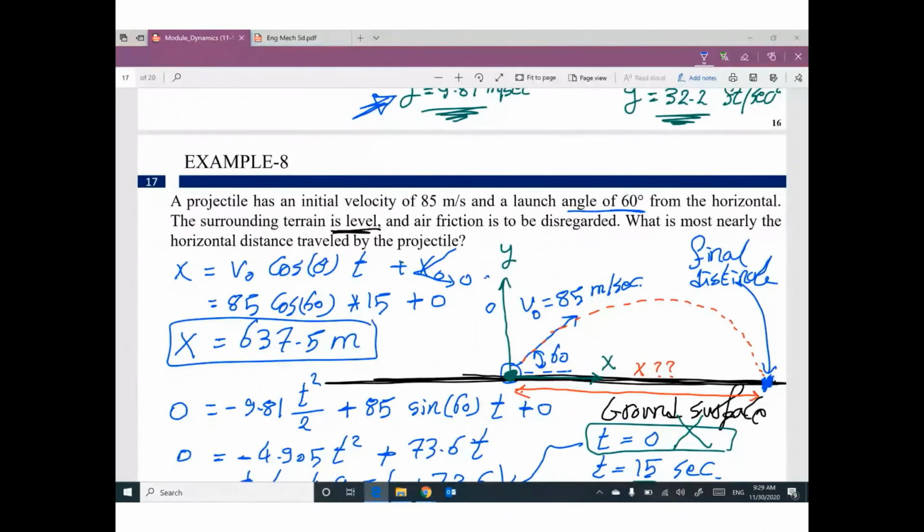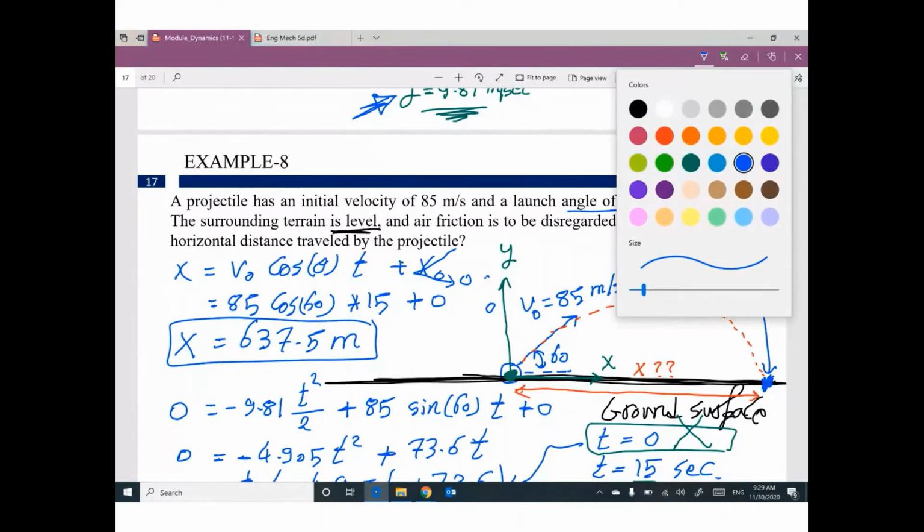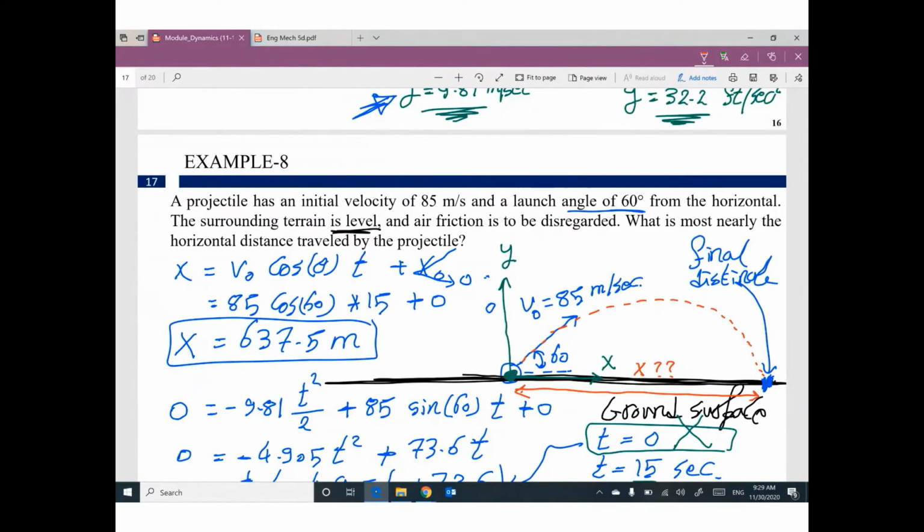So guys, if you used a cannon to launch a projectile with initial velocity 85 meters per second and inclined angle 60 degrees, believe me, this projectile will reach the final destination in 15 seconds, and the final destination will be 637.5 meters far away from the initial position.